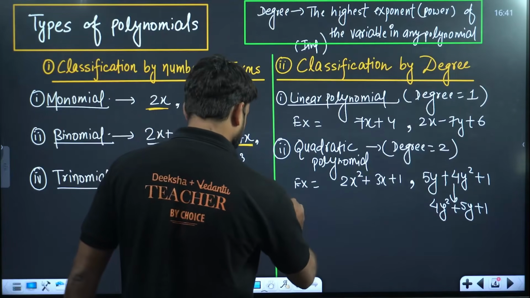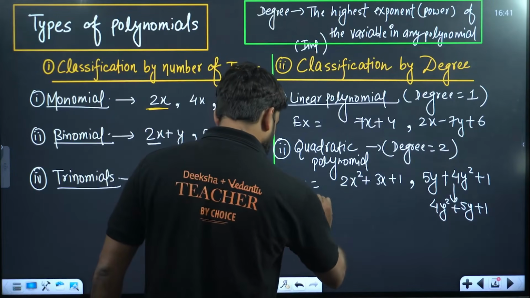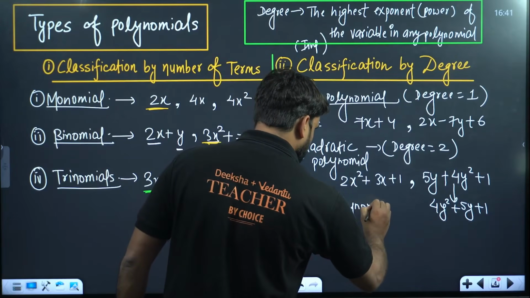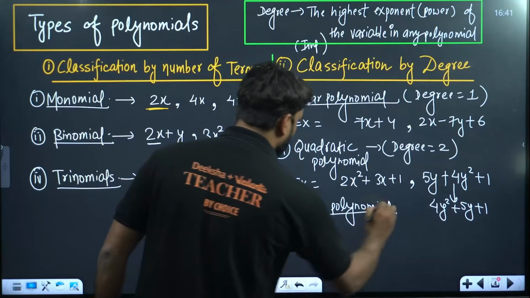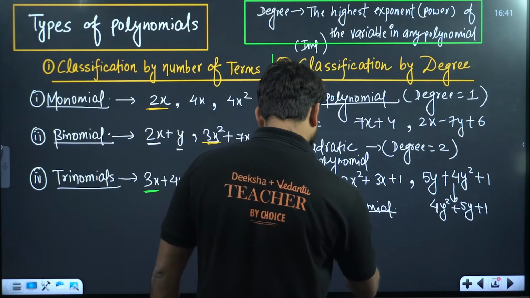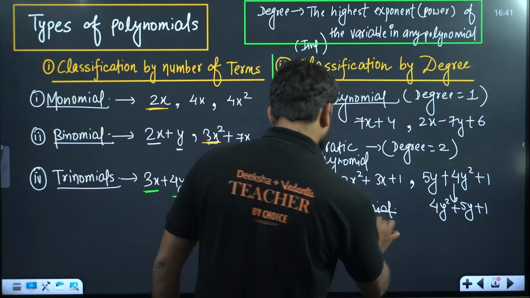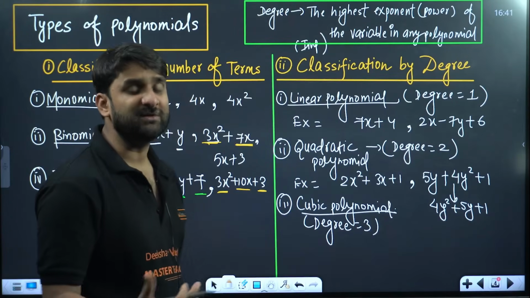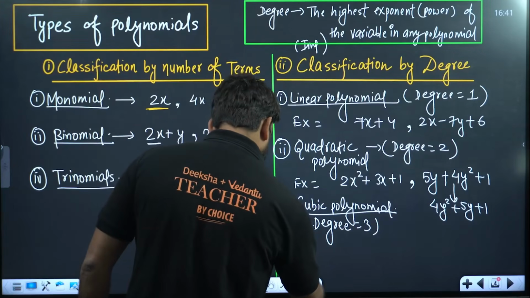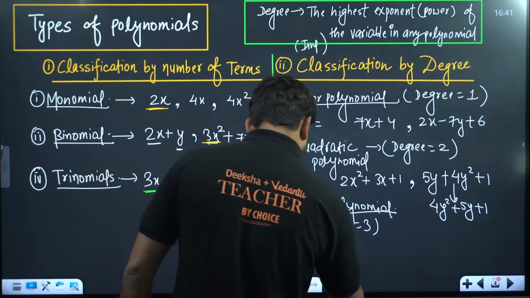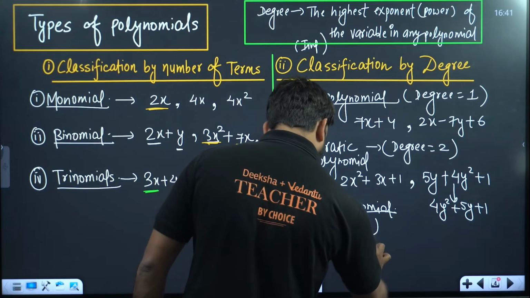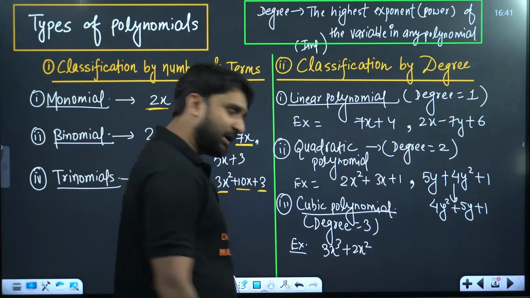Now moving to the third, my dear, cubic polynomial. And I hope now you have understood what is called a cubic polynomial. Cubic polynomial means degree will become 3, meaning the highest exponent of the variable will be 3. So let's say the example is 3x cube plus, after x cube, x square will come.